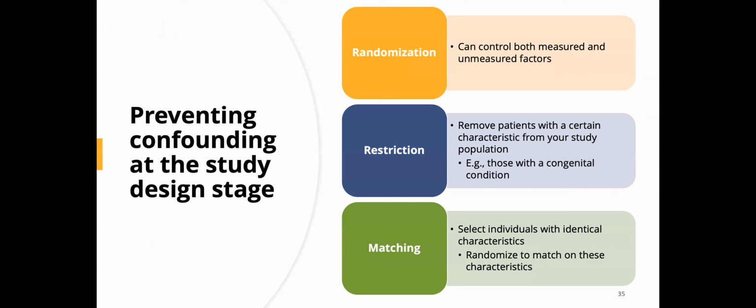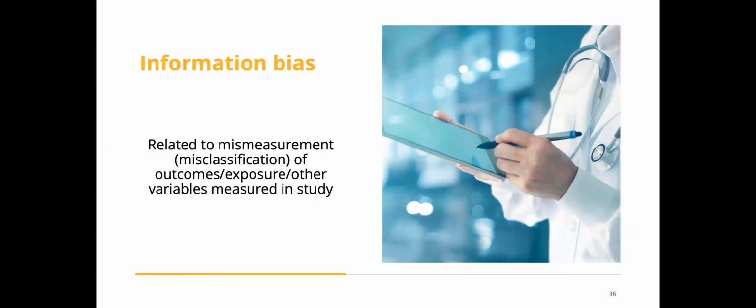We can use restriction, which means that we remove patients with certain characteristics from our study population, and that will remove the effect of confounding. And we can also do matching, so we select individuals with identical characteristics to analyze. Those are ways we can prevent confounding at the design phase in an RCT.